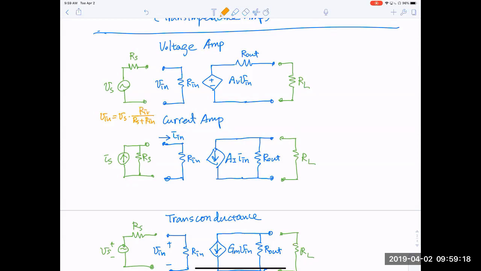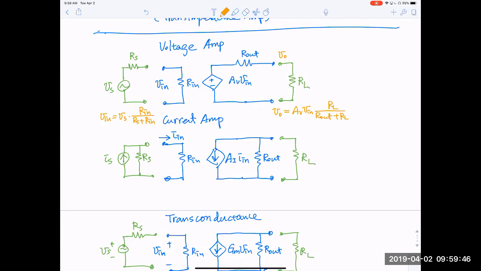And the output likewise. Let's say here is our output voltage, VO. VO is equal to AV times V in, the dependent voltage source, and then there is a voltage divider, RL over R out plus RL.